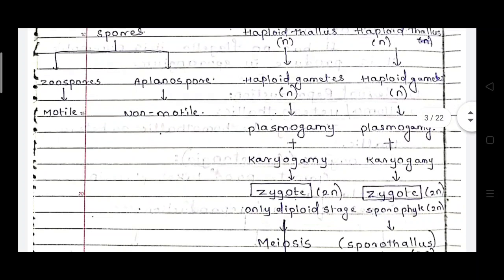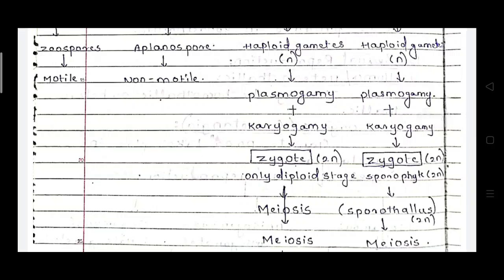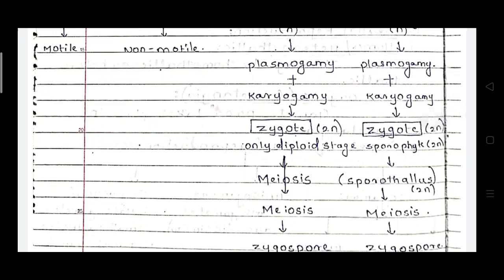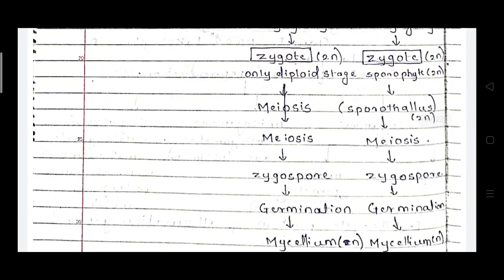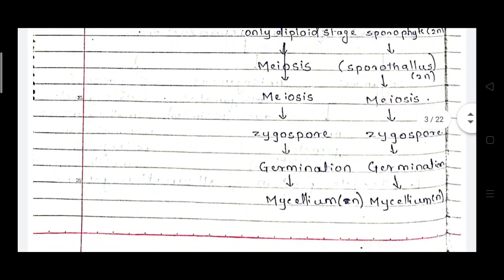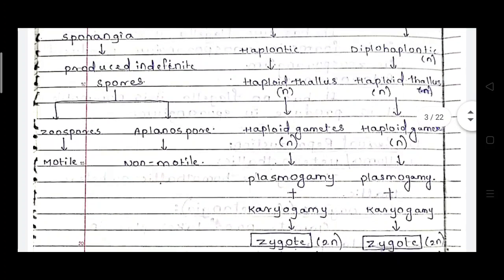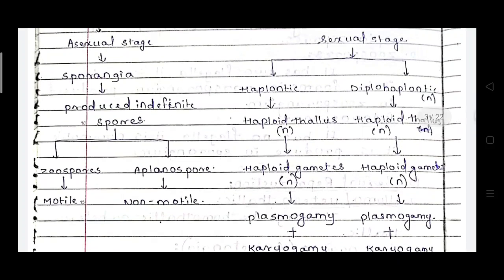After plasmogamy and karyogamy, they produce the zygote, which is in the diploid stage. This zygote produces the sporophyte. The sporophyte is again in the diploid stage. But after meiosis, the sporothallus will produce the zygospores and they germinate as a mycelium, which is in the haploid number. That's why this is called diplohaplontic.